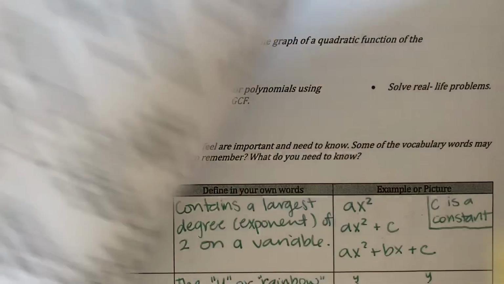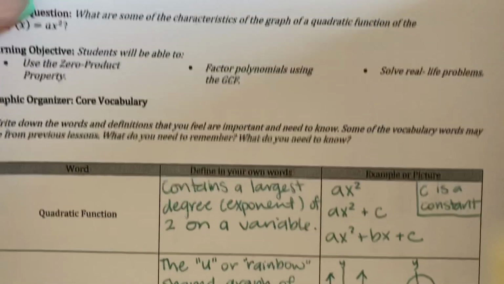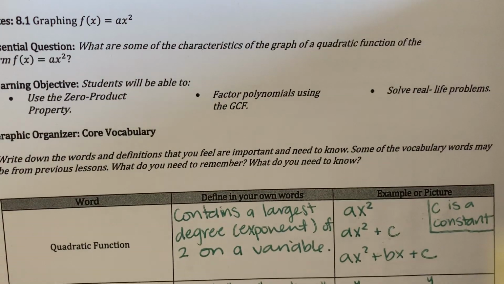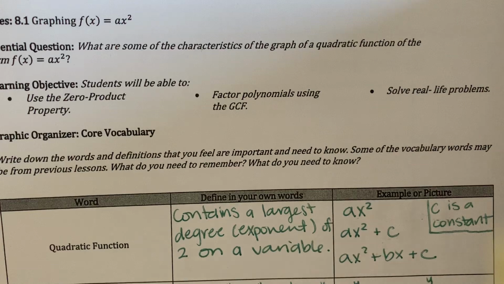As always, you have your I can statements, vocab, and then the start of the section. So students will be able to use zero product property. Oh, this one.